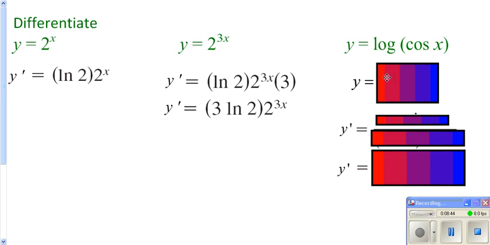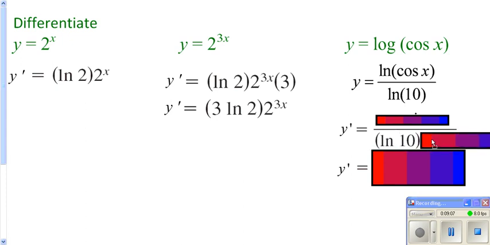Over here, we have a logarithm, but it's not a natural log, so I need to use a change of base formula to write it as a natural log. So I'll take natural log of the top over the natural log of my base, which isn't written, so it's assumed to be base 10. So now, all I have to do is work this out. That's just a number. That's going to continue to hang out here.